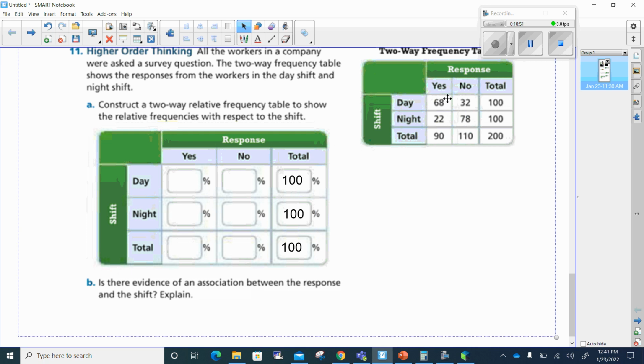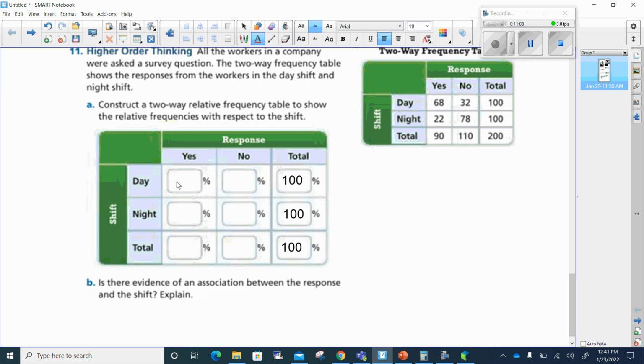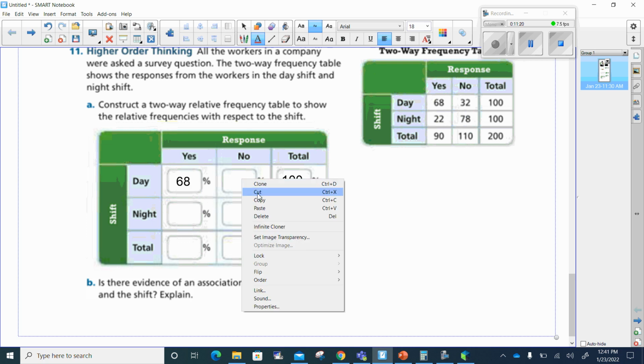When we talk about 100%, this is 68 out of 100. So that's going to be 68. This would be 32 out of 100. So that'll be 32.